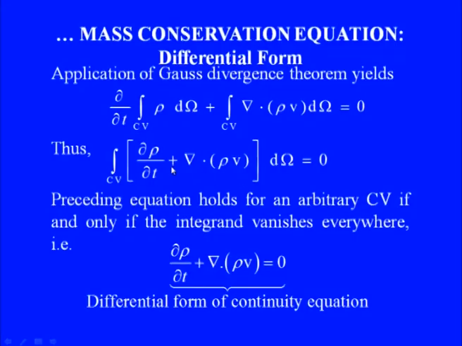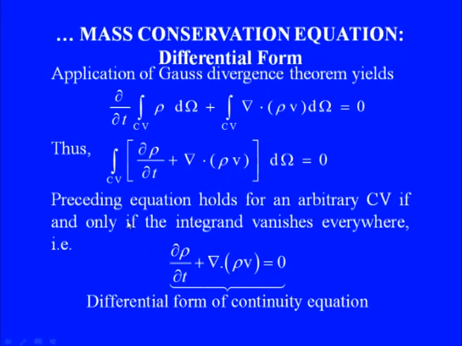Now in this case we can choose another control volume which is entirely in the positive half. Even then this equation must hold good, but we had assumed that del rho by del t plus divergence of rho v were positive in that half. So our earlier assumption is wrong; this equation can hold good only if this function, del rho by del t plus divergence of rho v, were 0 everywhere in a control volume.